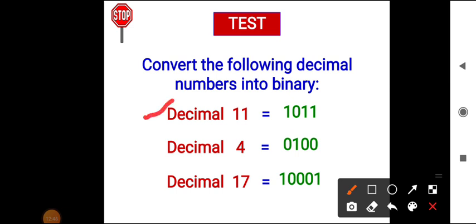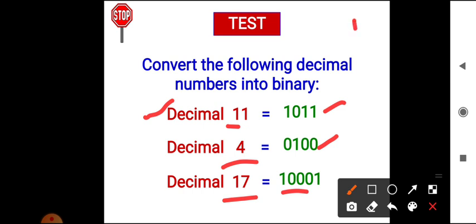Suppose decimal number 11, if we convert into binary, we will get 1011. And suppose 4, it is a decimal number, and when we convert it into binary, we will get 0100. And suppose 110 is a decimal number, when we convert into binary, we will get 1110001.